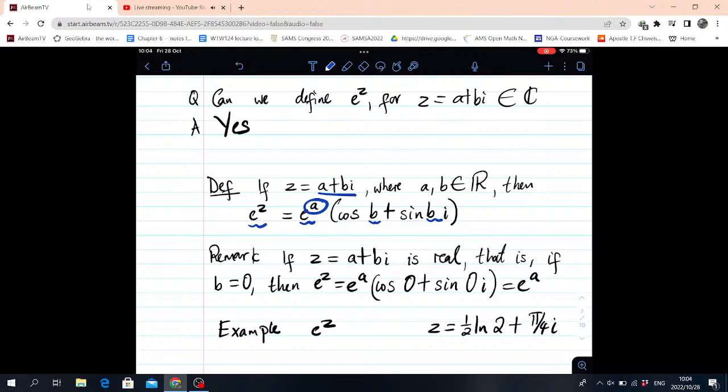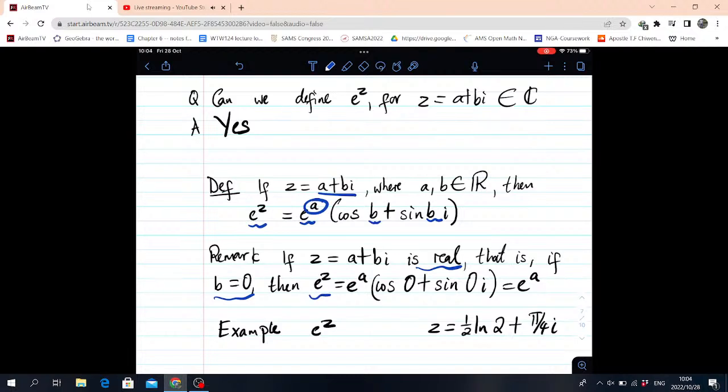And we can check if our new definition is going to be consistent when we are dealing with real numbers. So if you've got z, which is a plus bi, and it's a real number, which means that b, the imaginary part, is equal to 0, then e to the z, we expect it to just be e to the a.